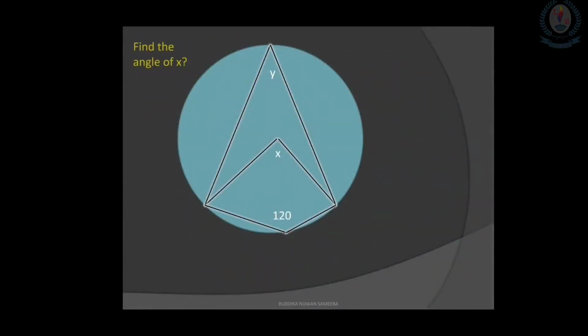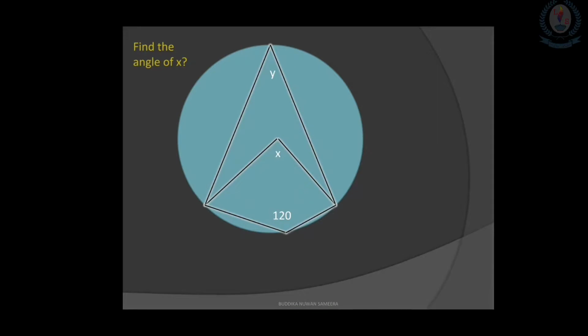Let's see how to use circle theorems to find an angle. As an example, find the angle x in this diagram. Here angle x is the angle subtended by the center. Before finding the value of x, we need to find the value of y, the angle subtended by the circumference.